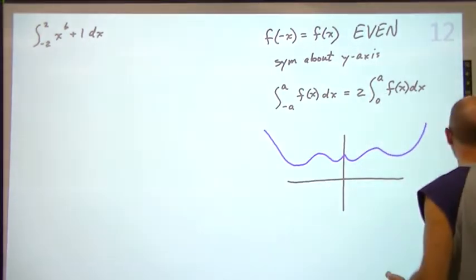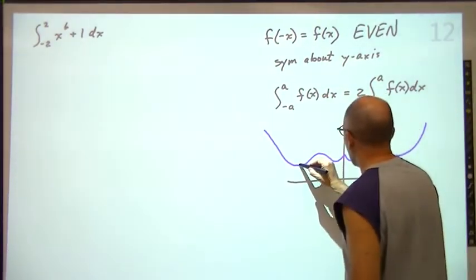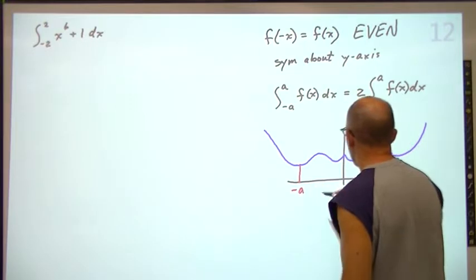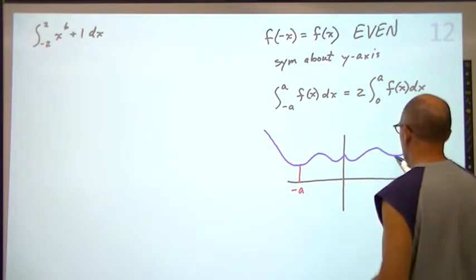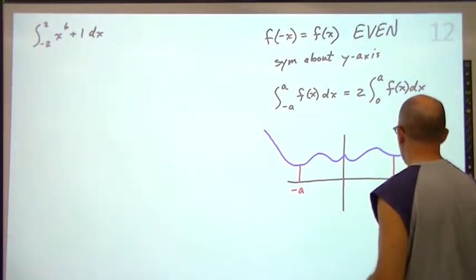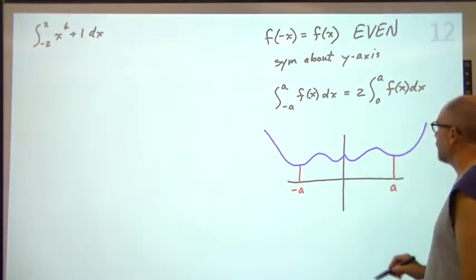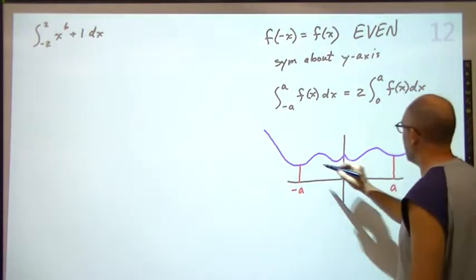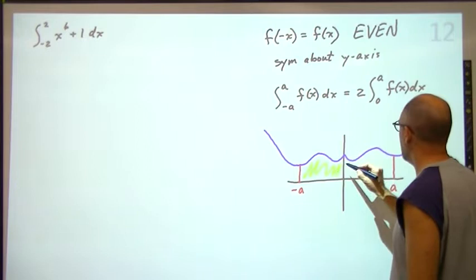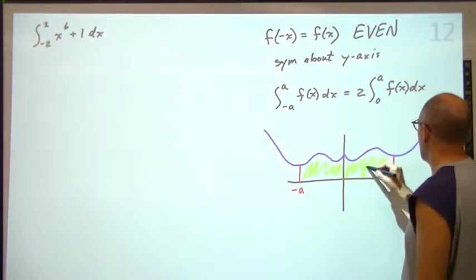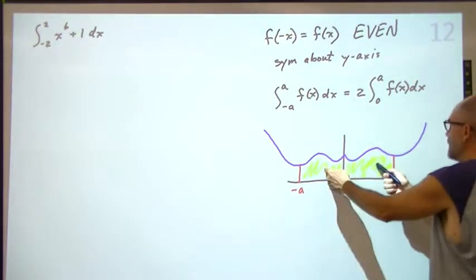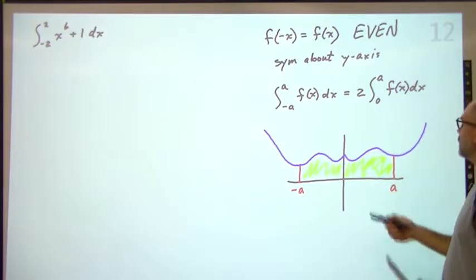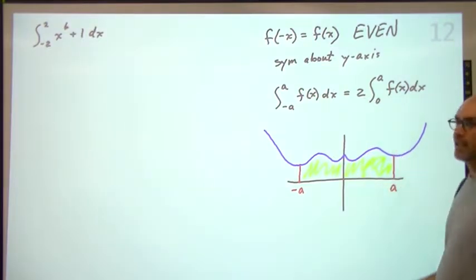Now, if I want the integral from negative a to a, basically what I'm saying is I want all this area in here to here. Well, these are identical. So all I'm going to do is go from 0 to a and double it.